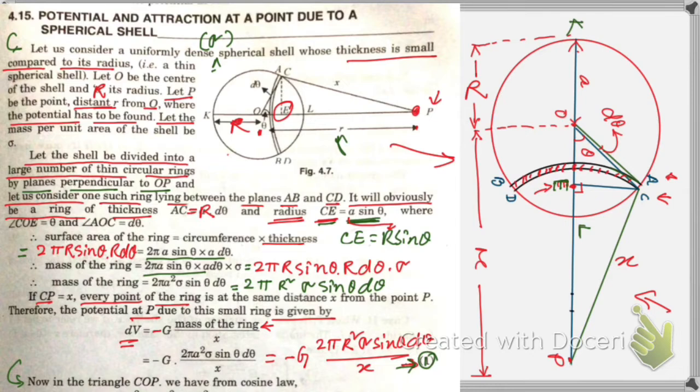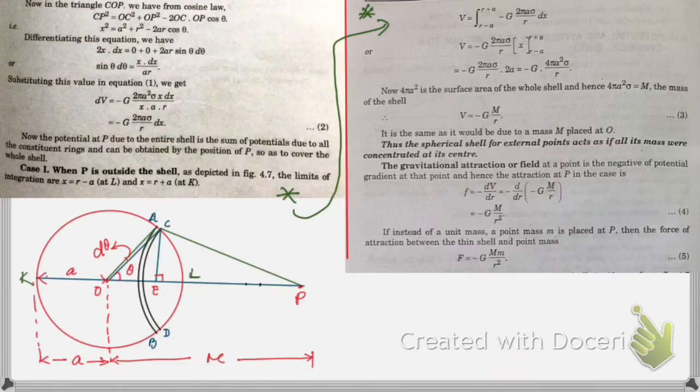So now in the triangle COP, let me go to the next slide. So here you see, we are going to consider triangle COP, right? So let me make the small a as R. So if you take this triangle COP, and here you have the perpendicular E, right?